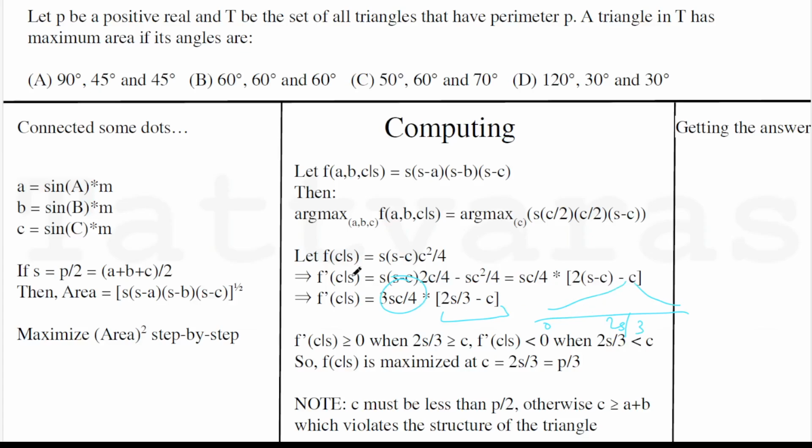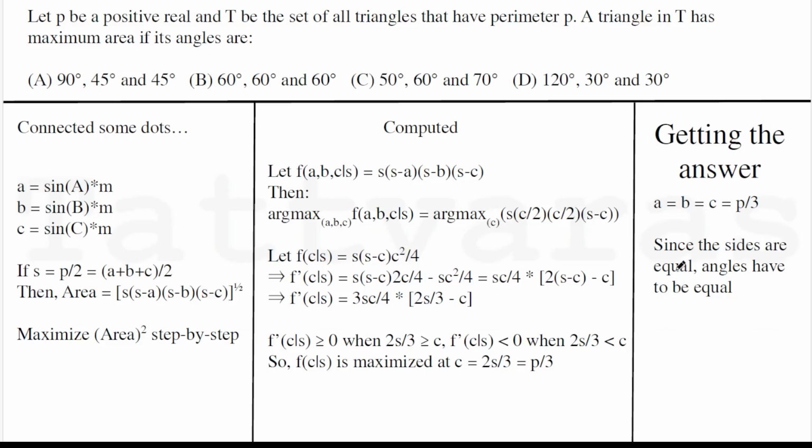So it means that the function increases up till this point and then decreases, which means this is the point of maxima. And no surprise, it's 1/3 of the total perimeter, and consequently all the sides are the same. And so all the sides are the same, so all the angles also have to be the same.